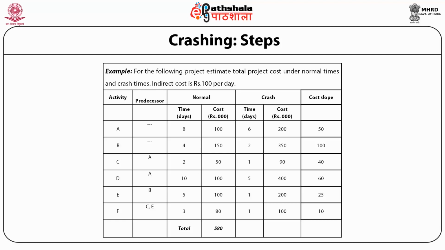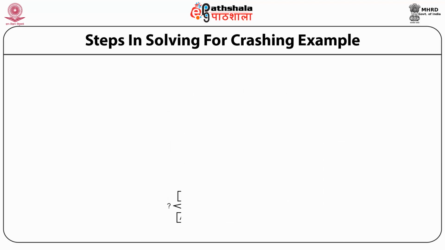Activity E, predecessor B, time 5 days, cost 100, crash time 1 day, cost 200, cost slope becomes 25. Activity F, predecessor C and E, time 3 days, cost 80 and crash time 1 day, cost 100, then cost slope is 10.